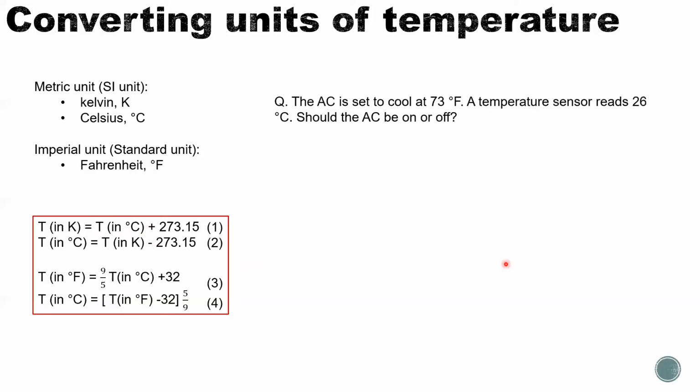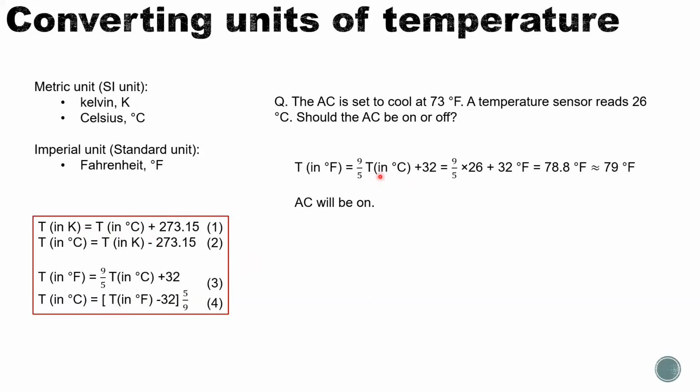Here comes a question. The AC is set to cool at 33 Fahrenheit. A temperature sensor reads 26 degrees C. Should the AC be on or off? It actually asks you to compare two values, and because they are in different units, we need to convert them into one unit.